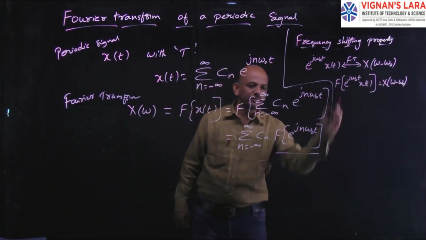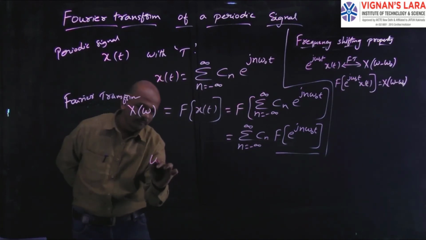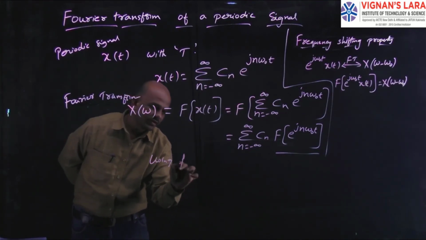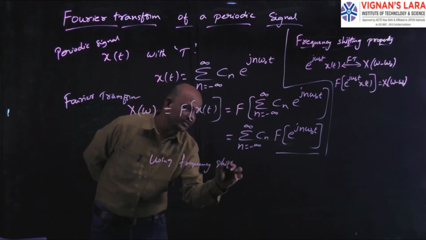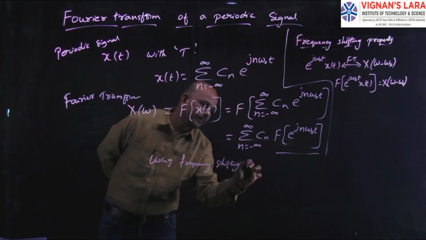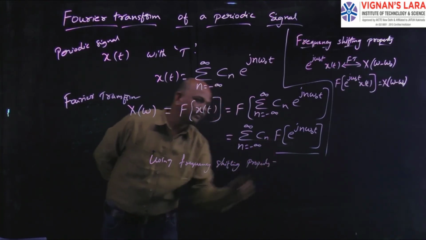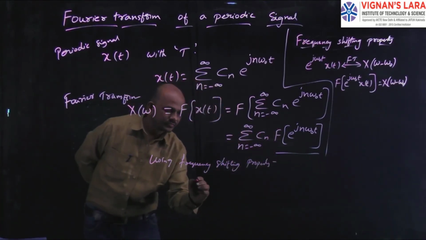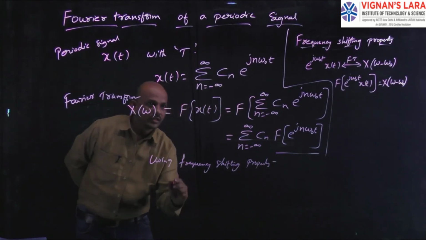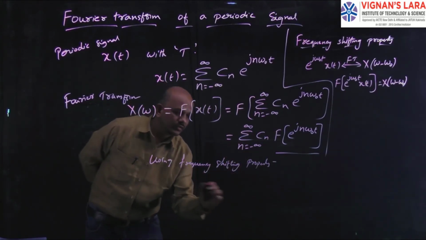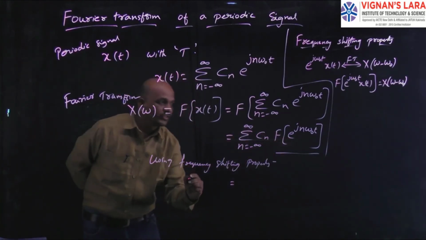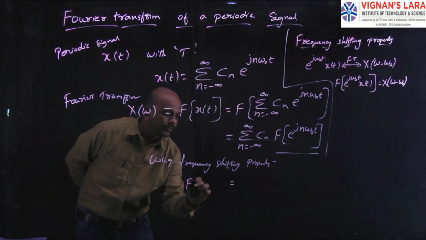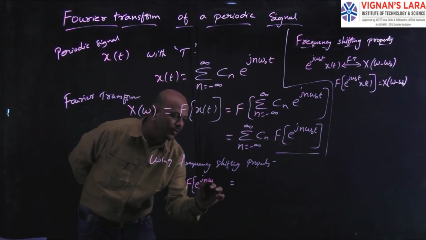Using the frequency shifting property, I can write the Fourier transform of e power j n omega naught t.